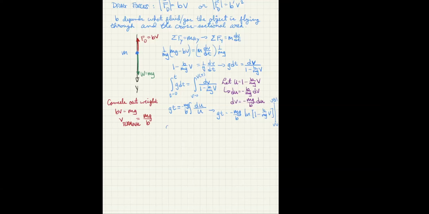So now I've got gt equals negative mg over b times the natural log of 1 minus b over mg times v of t minus the ln of 1.